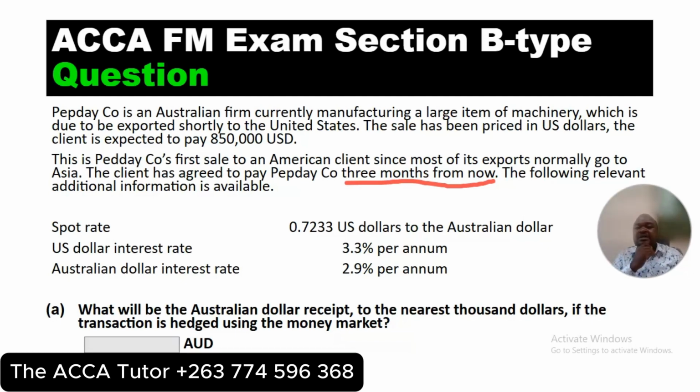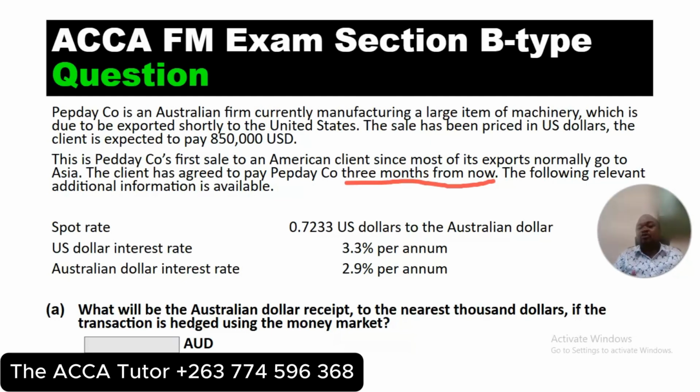All right. The following relevant additional information is available. The current rate, the spot rate, is 0.7233 US dollars to Australian dollar. US dollar interest rate 3.3% per annum. Australian dollar interest rate 2.9% per annum.